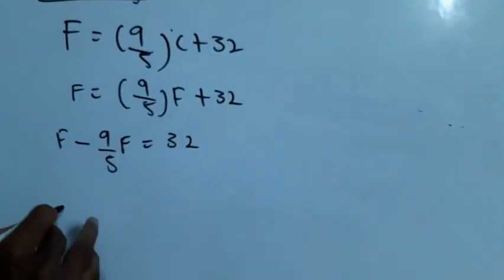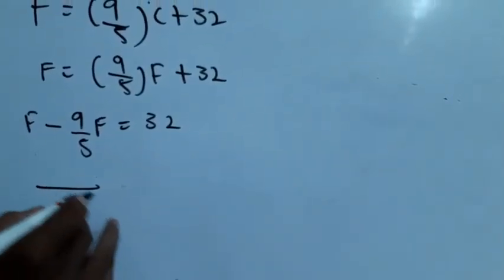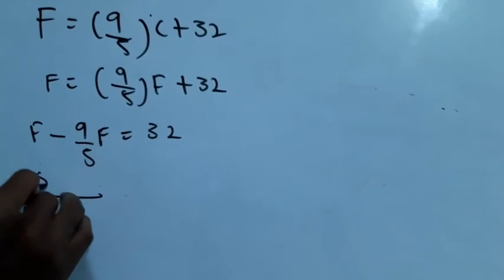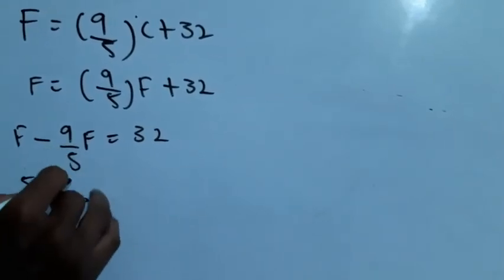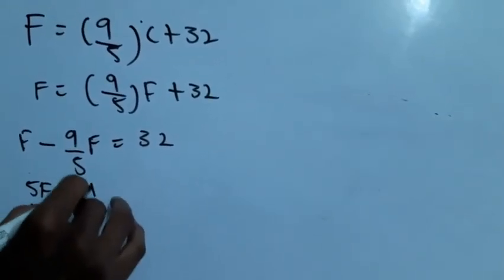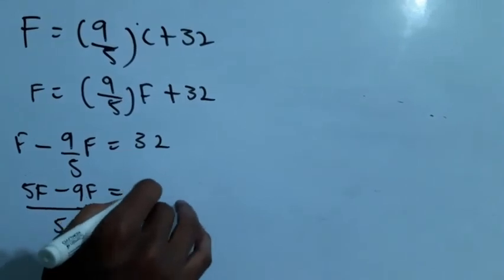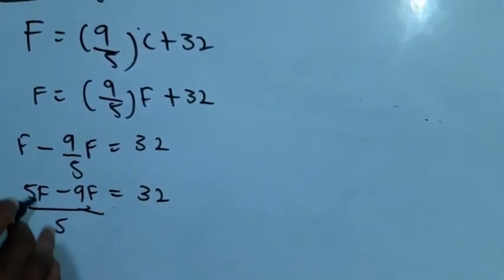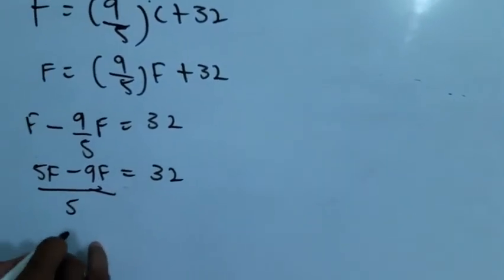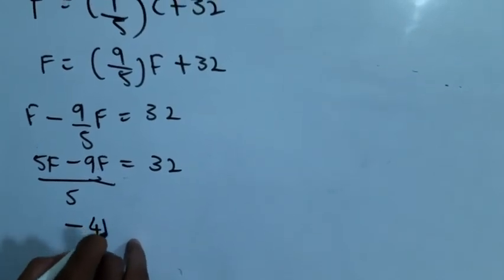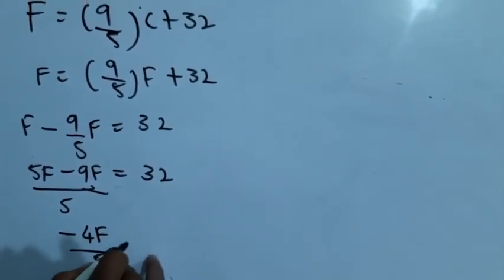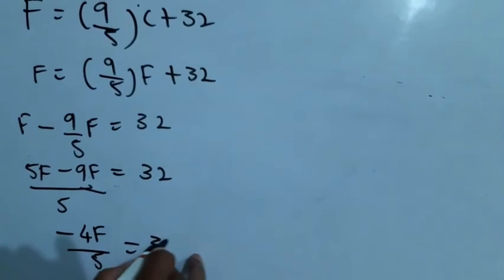So what is the LCM? 5 is the LCM. 5F minus 9F is equal to 32 times 5 over... so minus 4F divided by 5 is equal to 32.